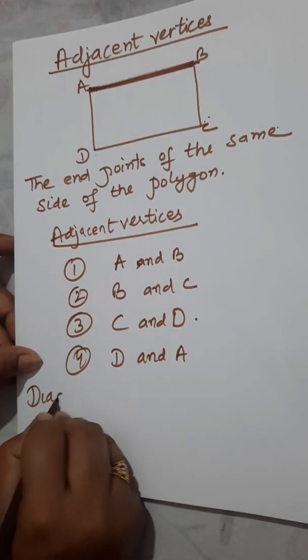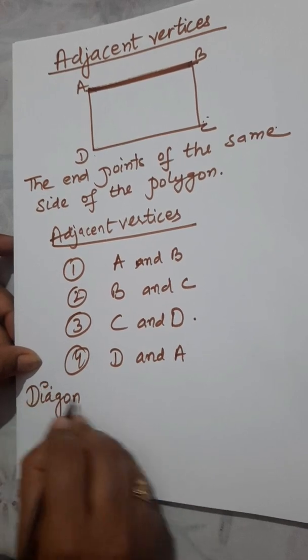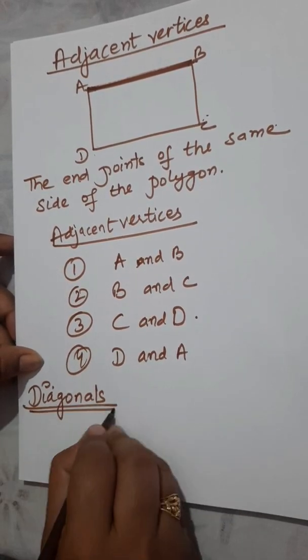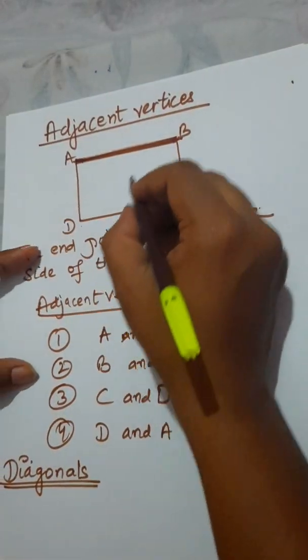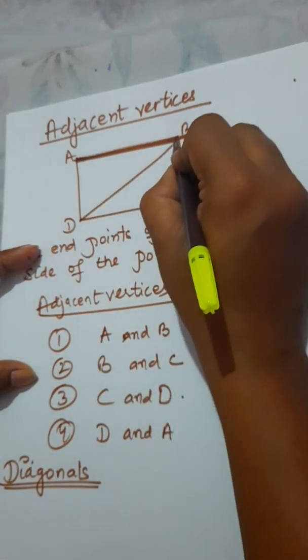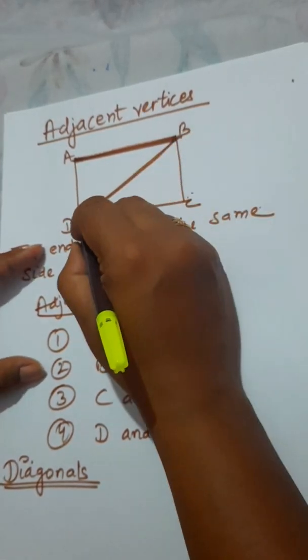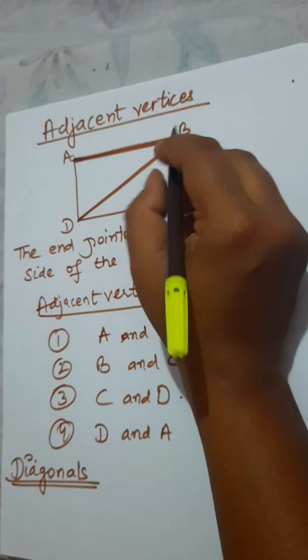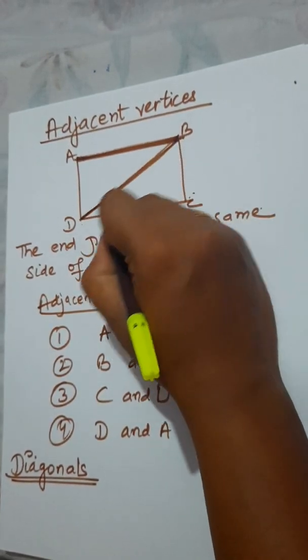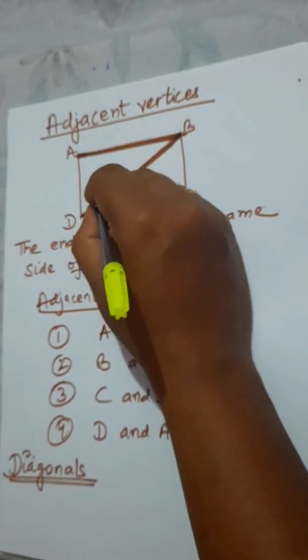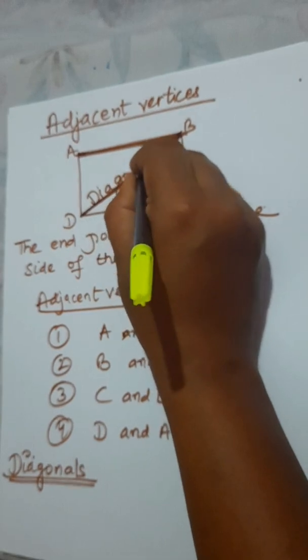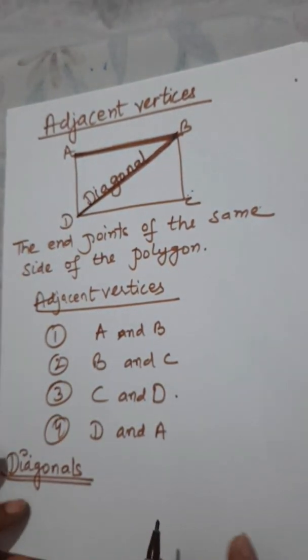Next we have diagonals. Now diagonal means the line joining the non-adjacent vertices, as these are the non-adjacent vertices when you join a line. So this line is called a diagonal. So this BD is a diagonal.